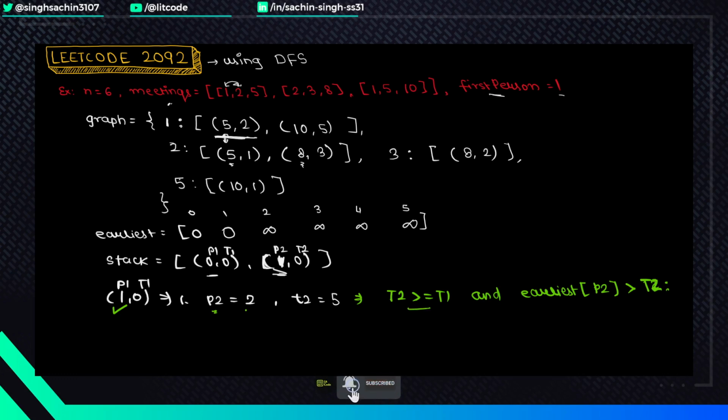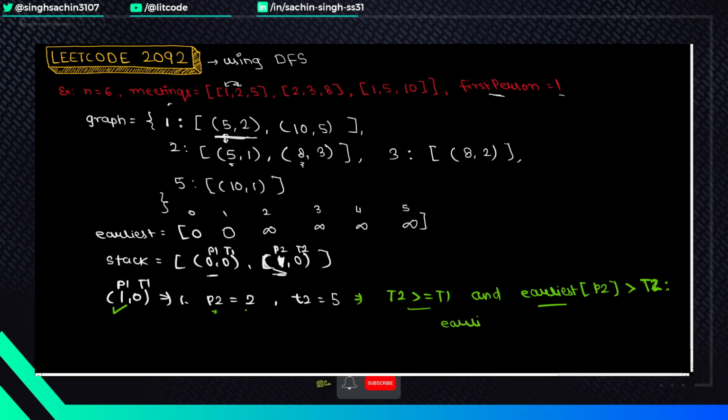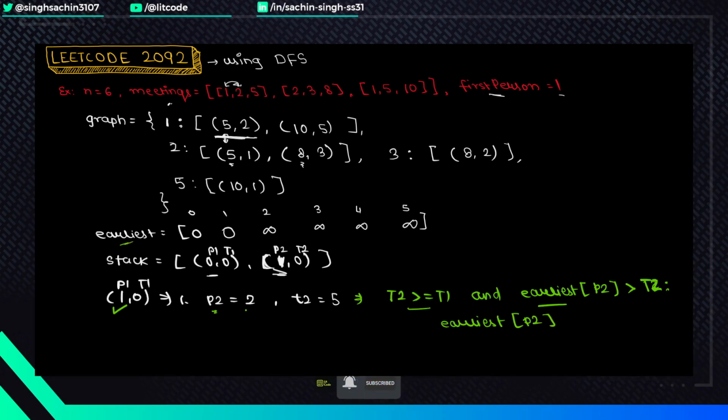If these two conditions are satisfied, then we will first update the value of P2 in the earliest array with T, which is our T2.